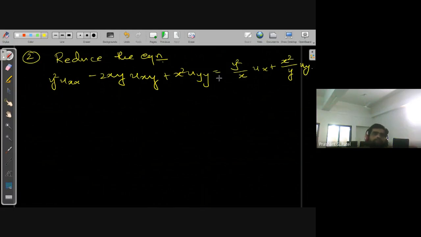So here this is the partial differential equation, and we need to reduce this equation into a canonical form.